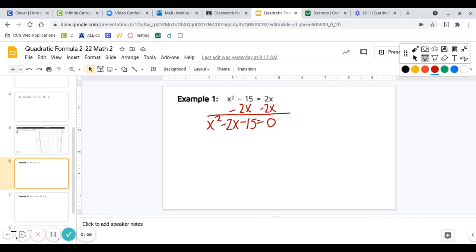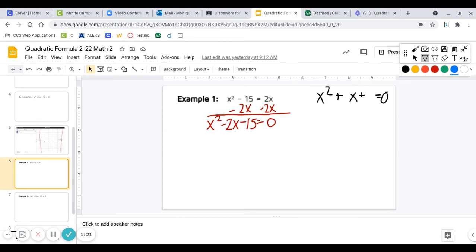Once we are in standard form, we're going to use standard form ax squared plus bx plus c equals 0. So we're going to identify a. I like my colors.